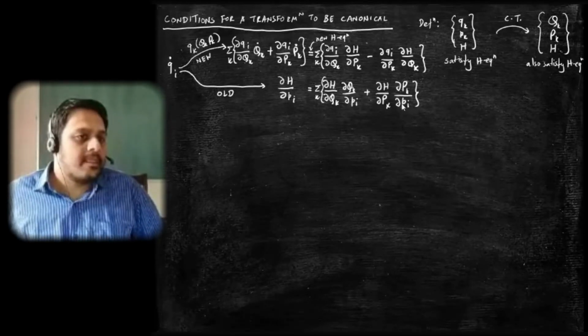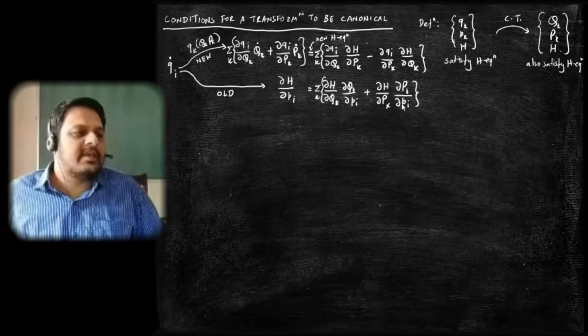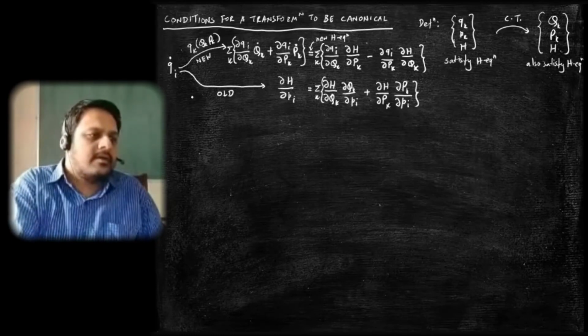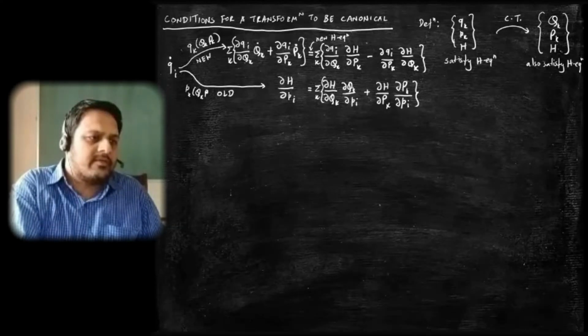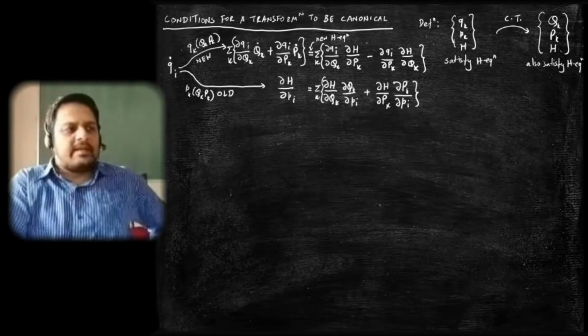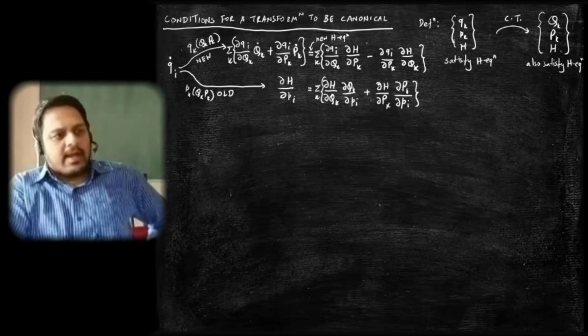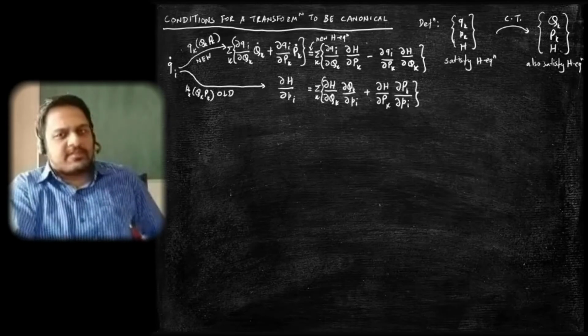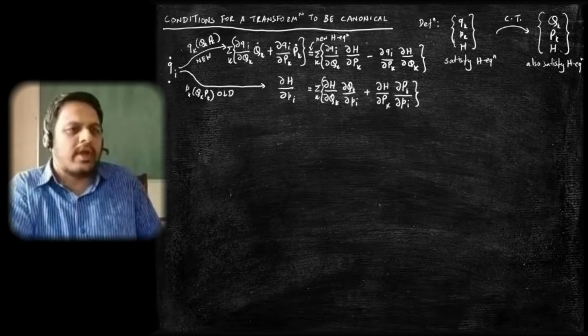All right. Basically, what we are saying is that if we treat Qk and Pk as functions of capital Qk and capital Pk, which is what the canonical transformation is all about, then I end up getting two different expressions for the same object. What is the object? Qi dot.